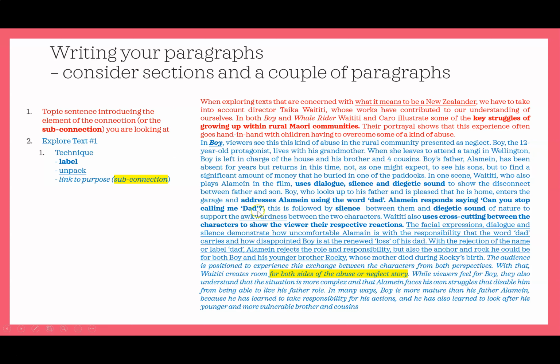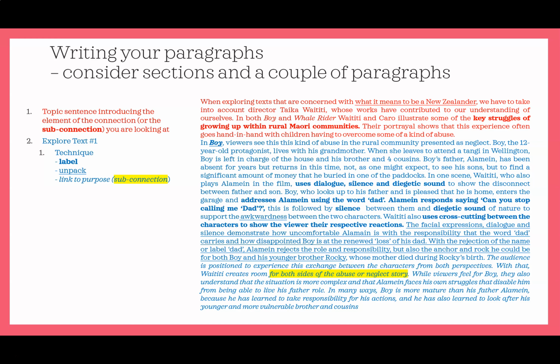Then I am unpacking them, so I explain why those techniques have been used and how they work together. Okay, so they are used to establish a sense of awkwardness, also to give us the facial expressions, again showing how uncomfortable Elamein is and how disappointed Boy is, so that contrast, but also that bigger picture, the responsibility role that Elamein does not take, which I have to talk about because the story that I'm talking about here is one of neglect.